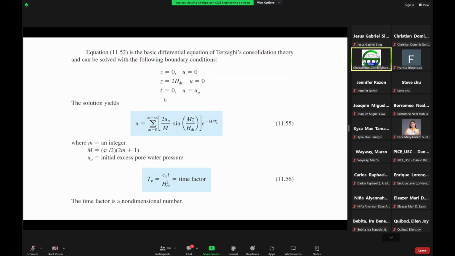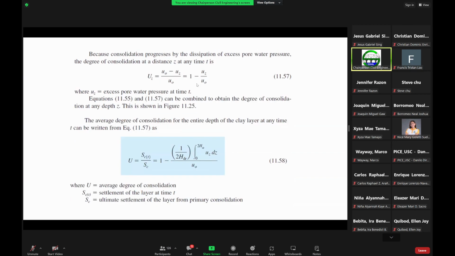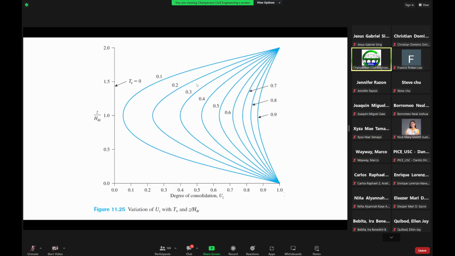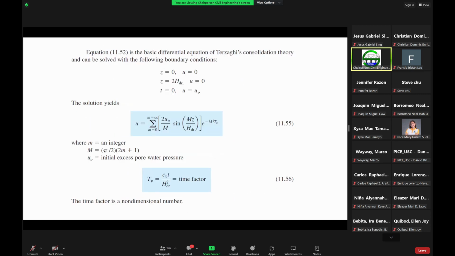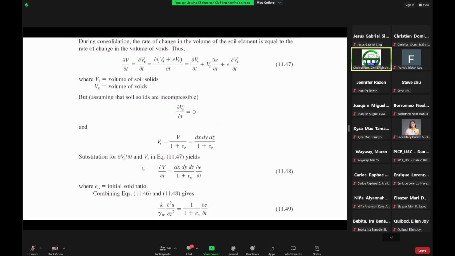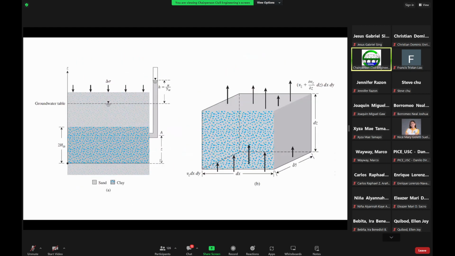And at time equal to 0, the excess pore water pressure is equal to the initial excess pore water pressure, where Z is derived from the bottom of the clay layer. This is at Z equal to 0, and this is at Z equal to 2 HDR.